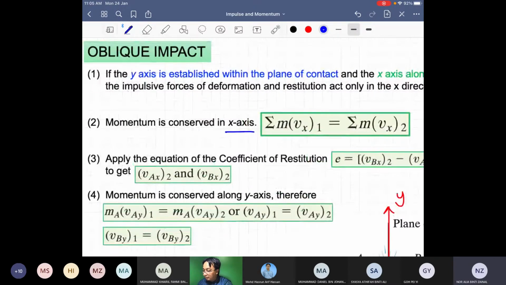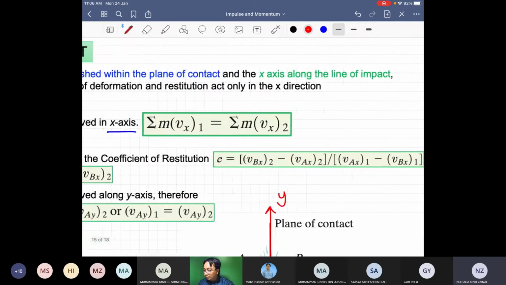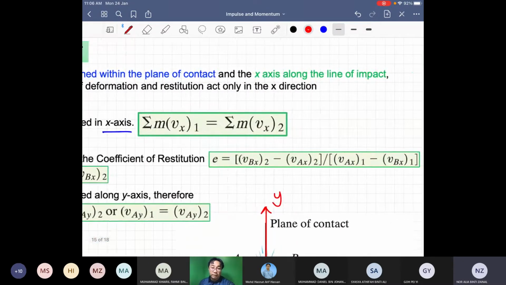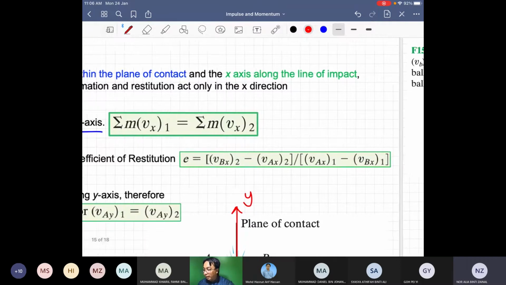Dekat sini sebenarnya is momentum of the whole system ataupun kedua-dua objek. So dekat sini saya akan tambahkan sikit, momentum of the system is conserved in x-axis. Maksud dia, summation of mvx1 sama dengan summation of mvx2.